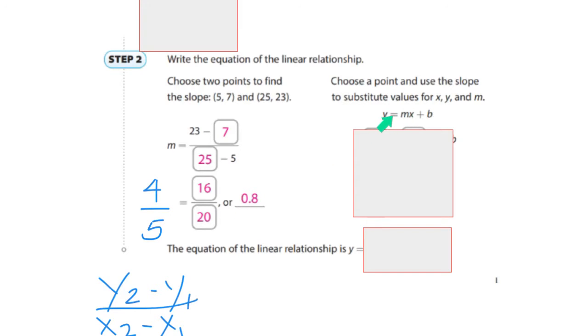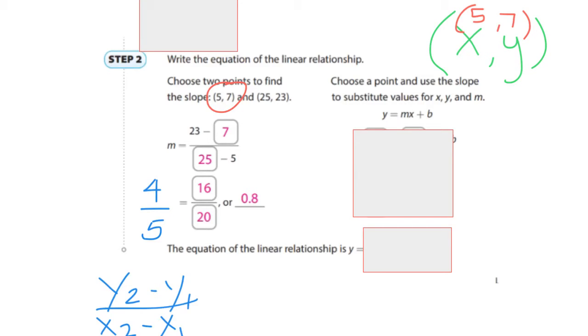And for x and y, x and y is simply an ordered pair. Keep in mind that x and y are simply an ordered pair. Well, so are 5 and 7, and they have a 5 and 7 here.